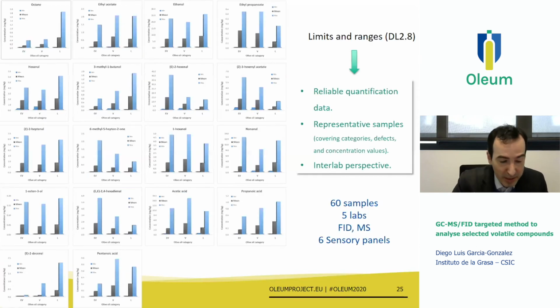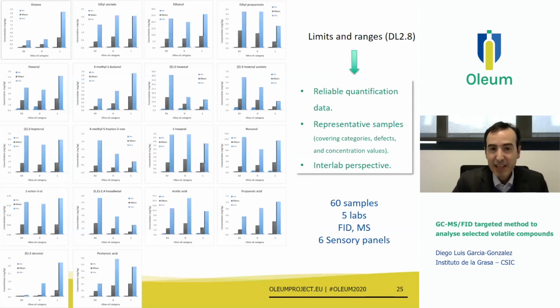So with all these data, the last objective that we carried out was the calculation of the limits and the concentration ranges for each one of the categories, extra virgin, virgin, and lampante, for each one of the volatile compounds, and for each one of the detectors, FID and mass spectrometry.